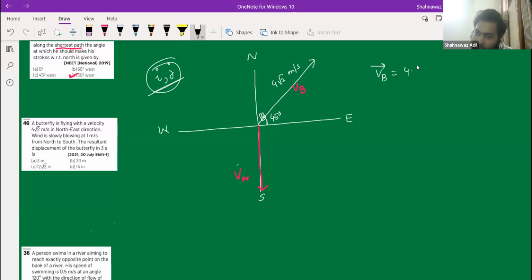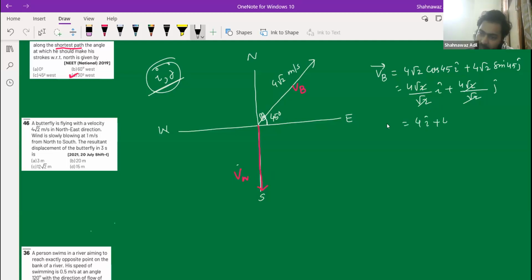So this would be 4 root 2 cos 45 i plus 4 root 2 sin 45 j. Cos 45 is 1 by root 2, sin 45 is 1 by root 2. Root 2 cancels and we have 4i plus 4j. This is the velocity of the butterfly, right?